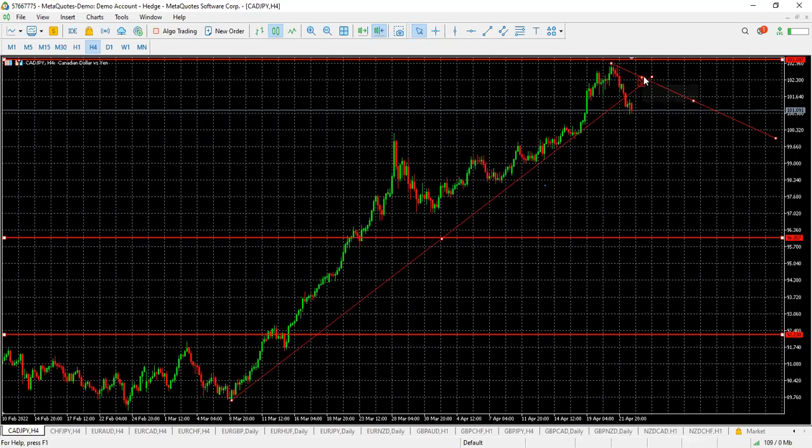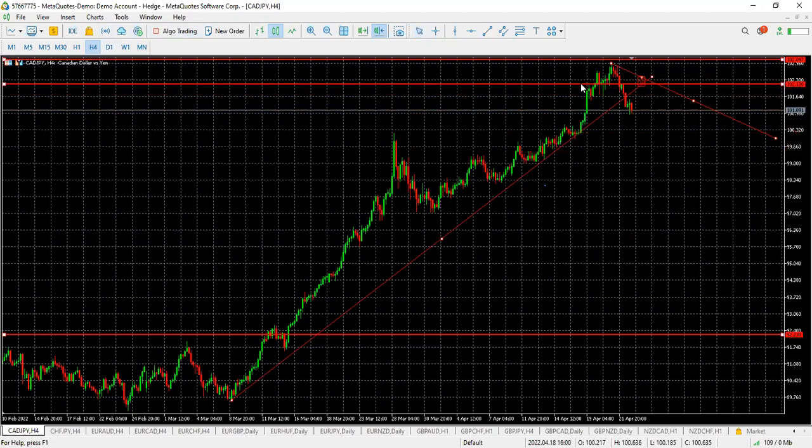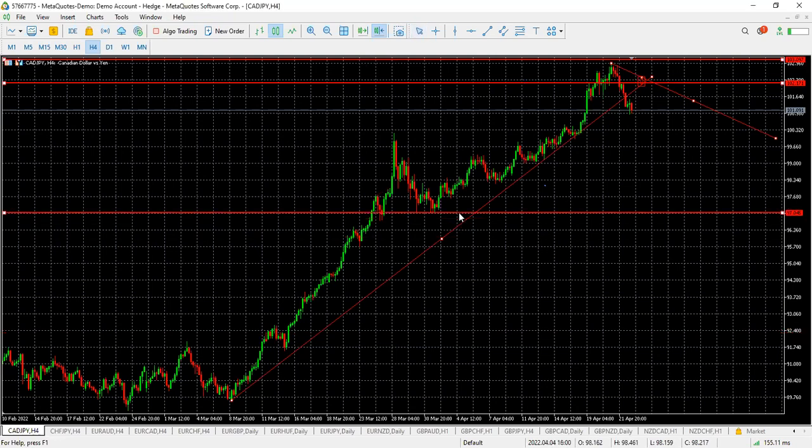You can now take your sell and put your stop loss here, because of course with your stop loss here, your risk to reward ratio is okay. Let's take, for instance, you entered at 102.171 and your stop loss is 103.097 and your take profit is a full down to this point.